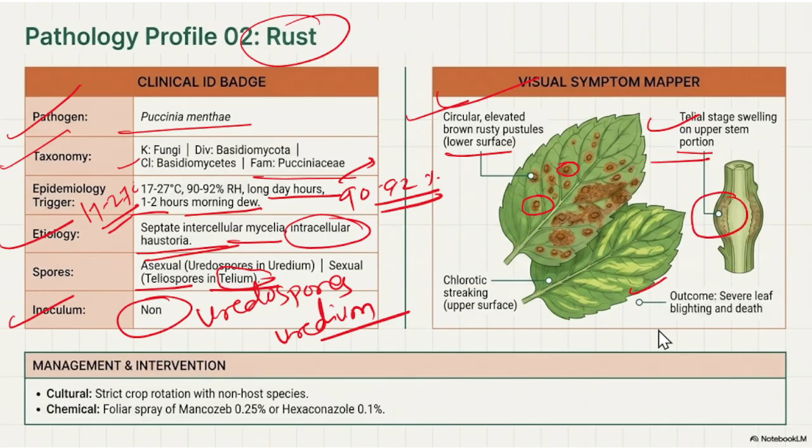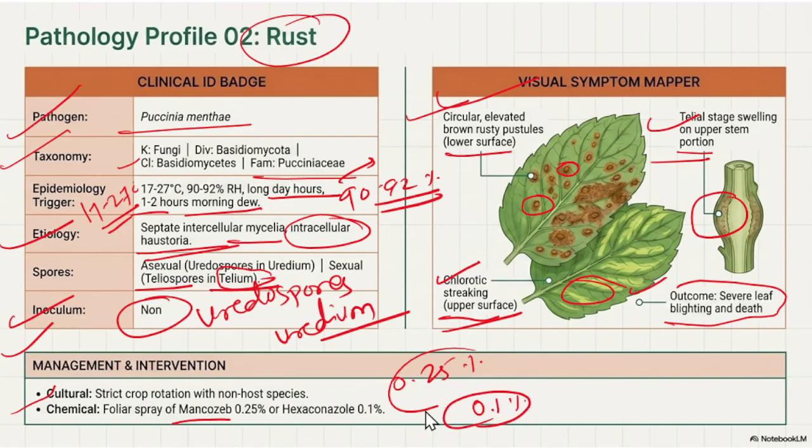Then the outcome: chlorotic flecking on the upper surface, and then severe leaf blighting and shedding of the leaves. So here the management strategy: strict crop rotation with non-host crops and foliar spray of mancozeb at 0.25%, and then hexaconazole at 0.1% is effective for the control of the disease.